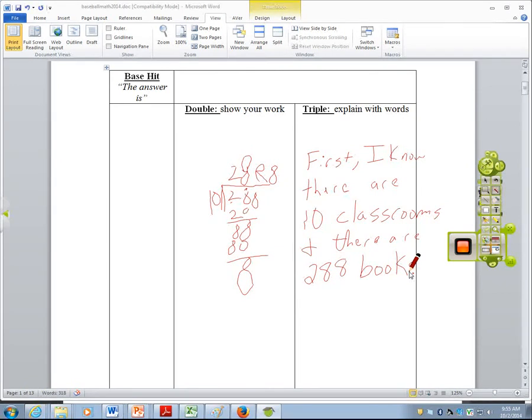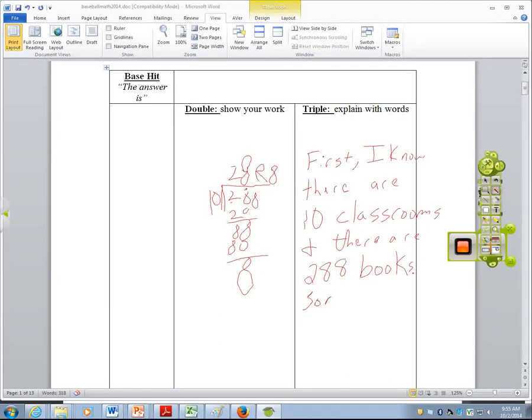Equal shares. Okay, Julia, what word did you think it is? I thought it was each of the 10 classrooms. When you see the word each, I start to get suspicious that that's going to be a division problem. And you said evenly distributed, Abby?